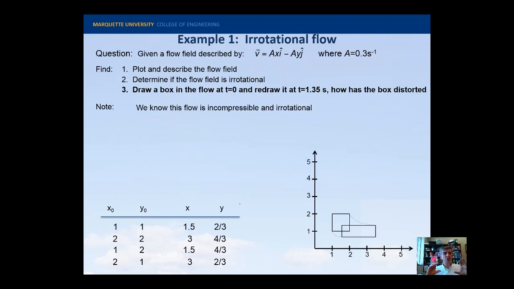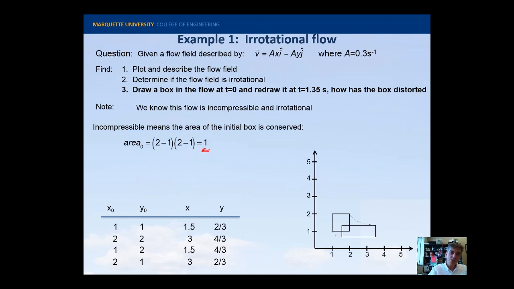It did, however, distort. But because this is an incompressible flow, it means that the area of the box is conserved, right? So the initial area of the box, area naught, would be just 2 minus 1 times 2 minus 1, so the initial area is 1. Later in time, we can calculate the area again using the positions that we calculated. And again, the area is 1.